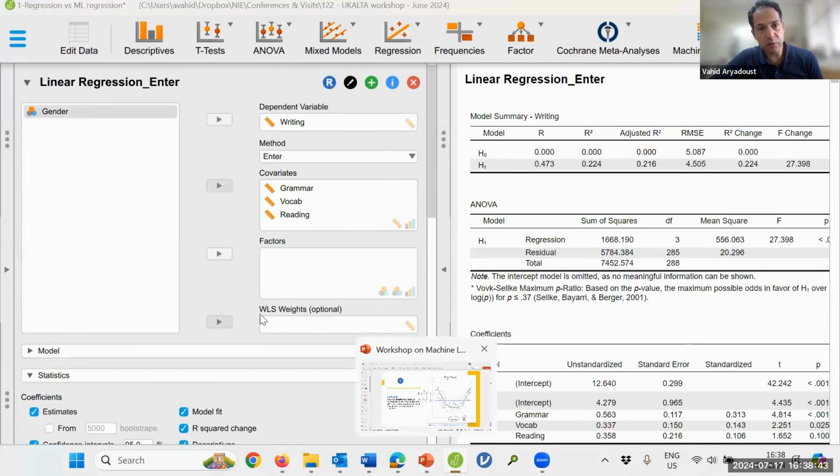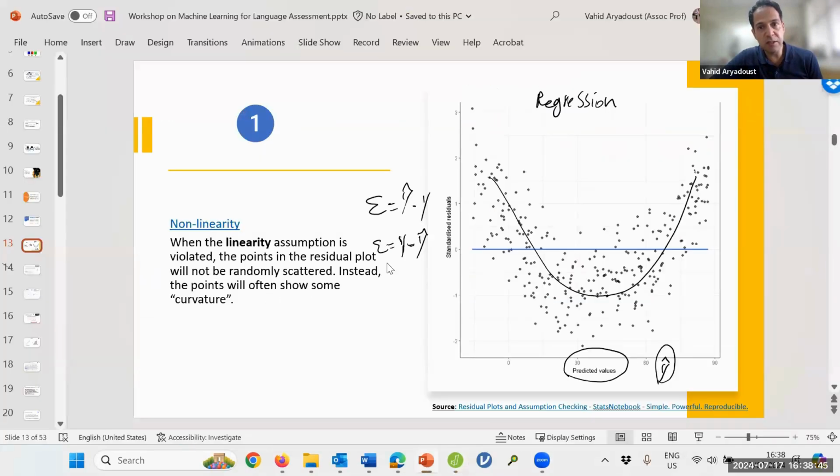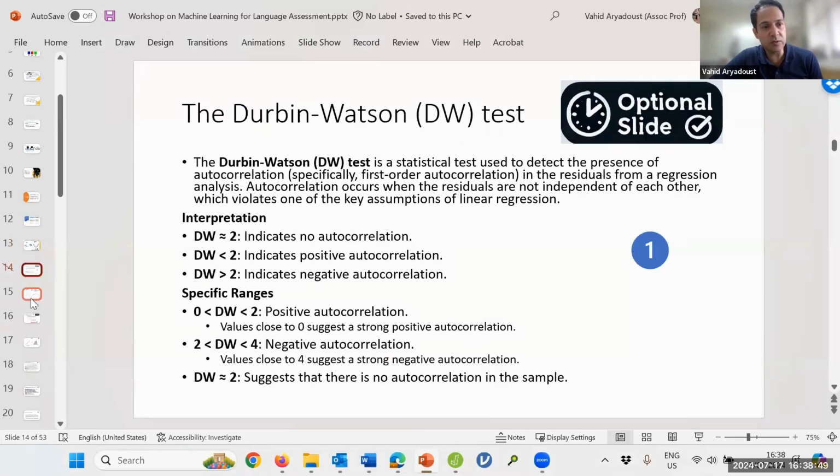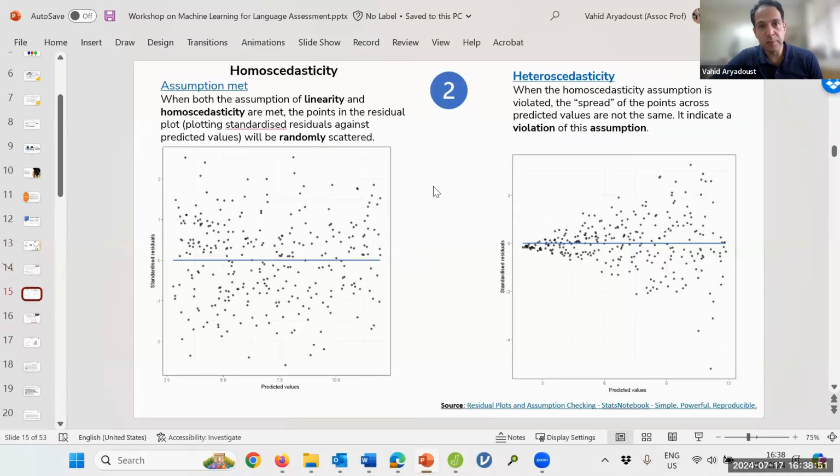Okay, so I have already looked at linearity and normality. Now let's move on to the second assumption, homoscedasticity.